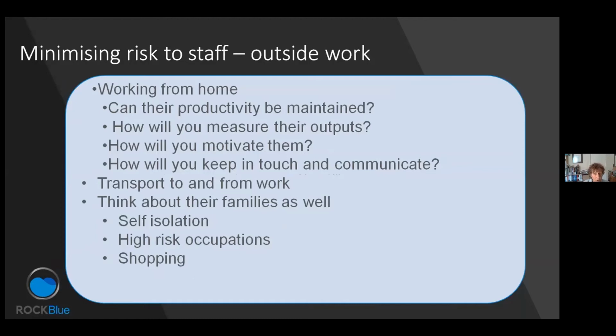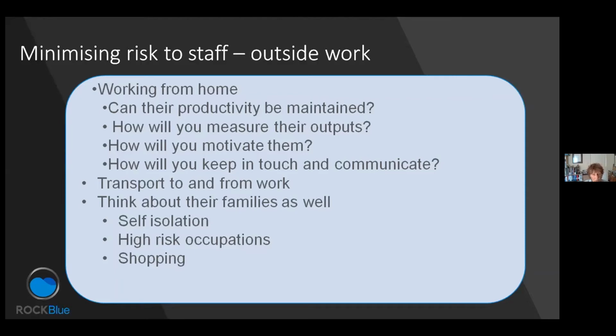And if they're at home, you can't manage their outputs by watching them. You've got to set targets and make sure they meet them. And you may find it difficult to motivate them. When they're sitting at home, they may be looking around and thinking of all those other odd jobs they need to do, or the kids may be screaming or whatever. And then how will you keep in touch with them and communicate with them?